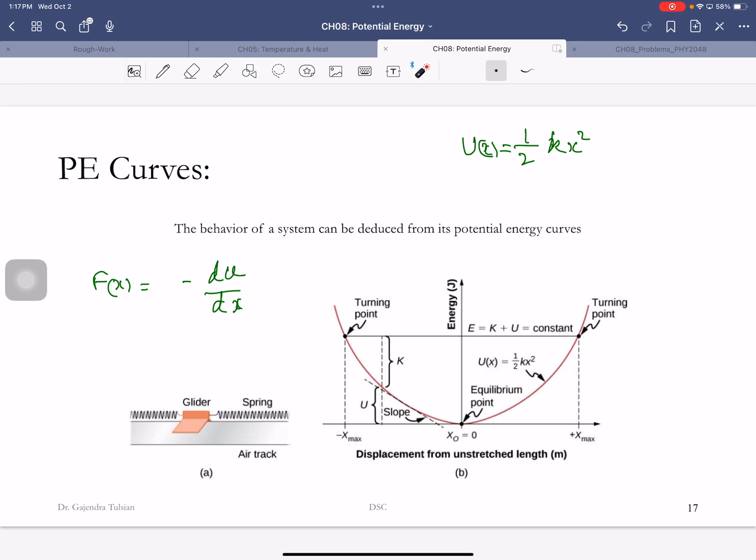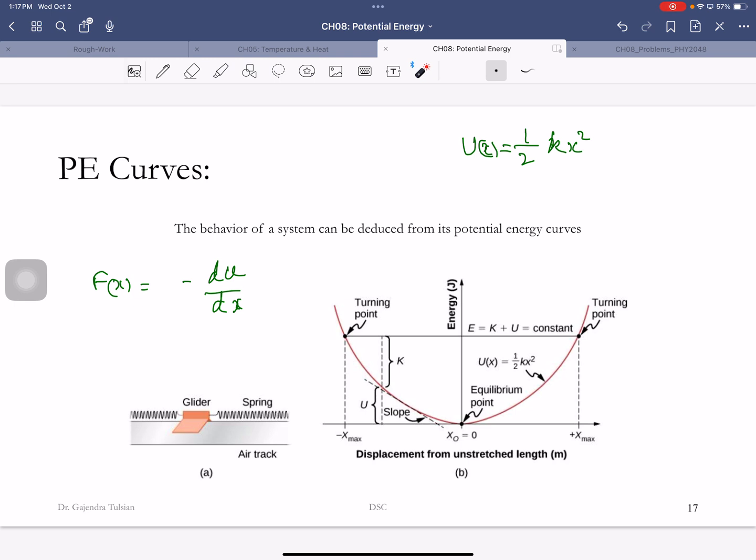If this derivative is negative, the force is in the positive direction. So the forces that come into play are trying to decrease the potential energy of the system. That's the direction in which the forces act.